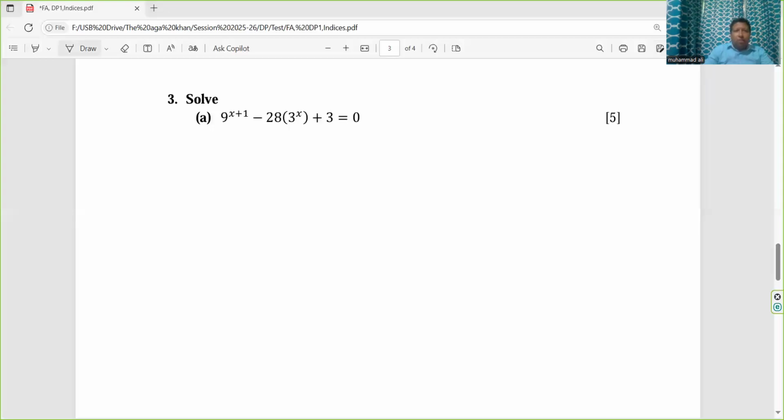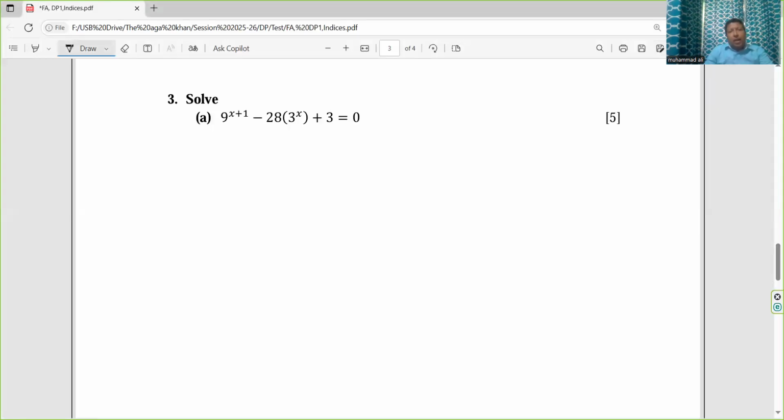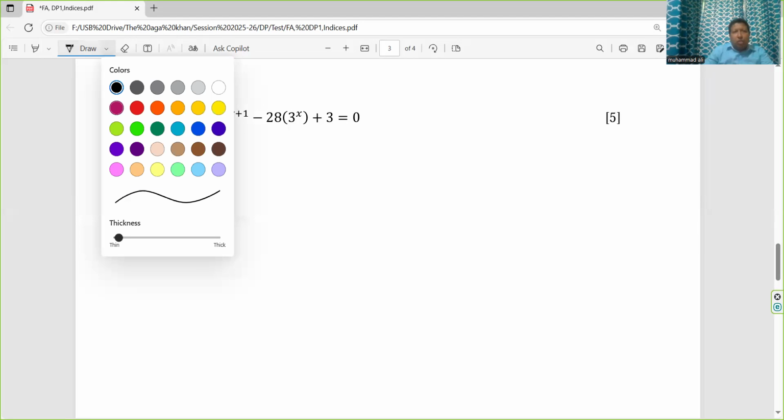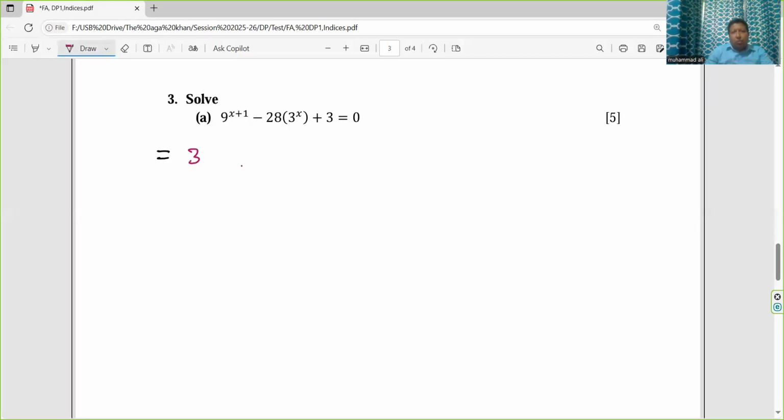Now question number 3, solve: 9 to the power x plus 1, minus 28 bracket to the power x bracket close, plus 3. So instead of 9 we can write 3 square. So 3 square power is x plus 1, minus 28 to the power x, plus 3 equals 0.